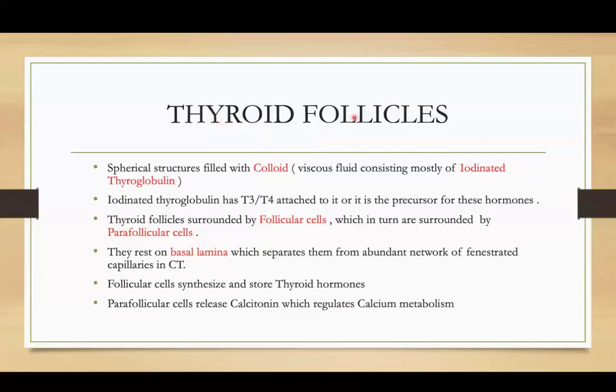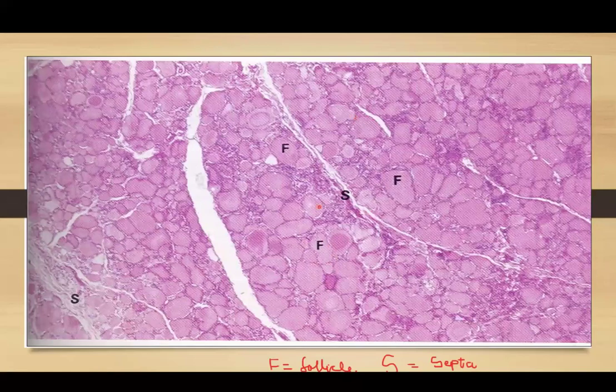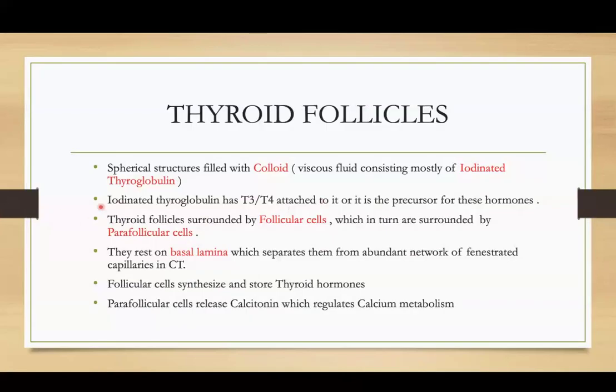Okay, so now we have the follicles that we talked about, that are these, right? So the spherical structure is filled with colloid, which is mostly iodinated thyroglobulin. So the colloid, which is present within these follicles, is iodinated thyroglobulin. We'll know what this is in a bit, but just remember for now that the thyroid follicles have thyroglobulin.